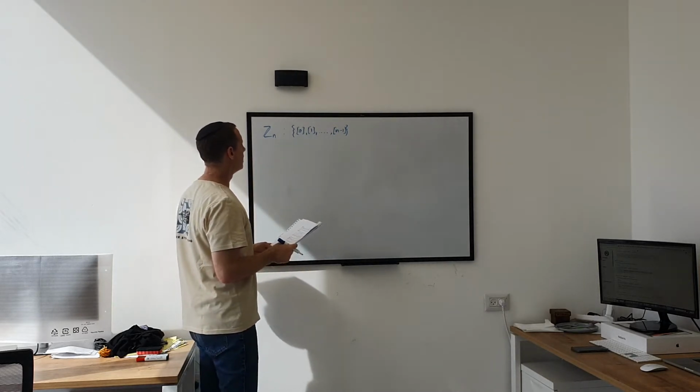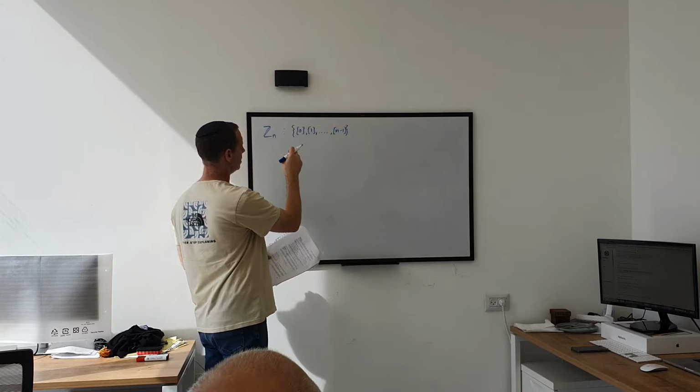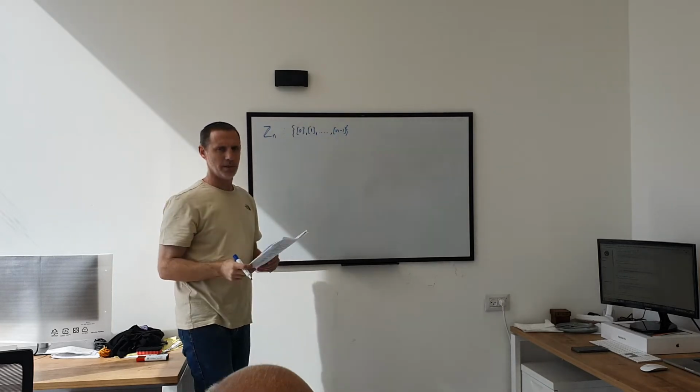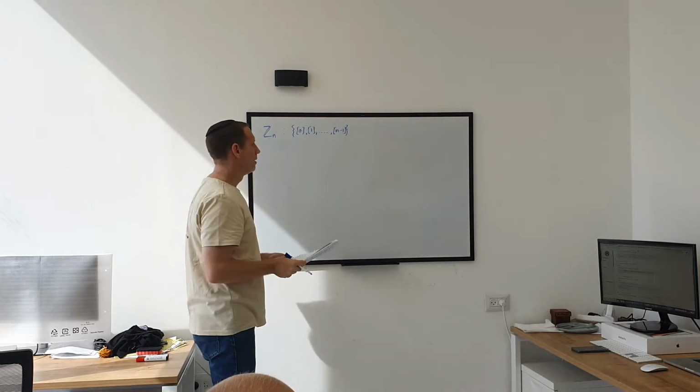So it's actually the set of classes 0 to n minus 1, okay?